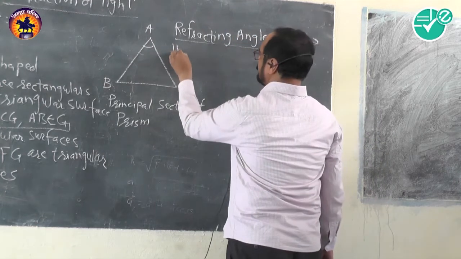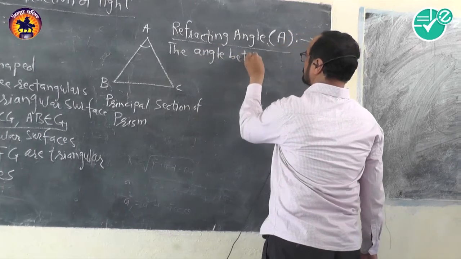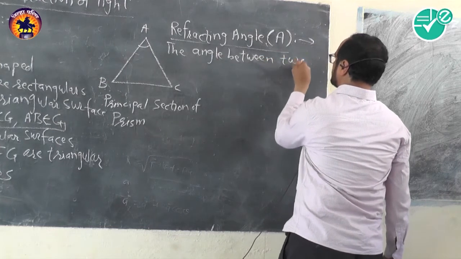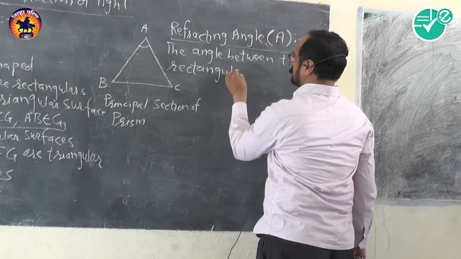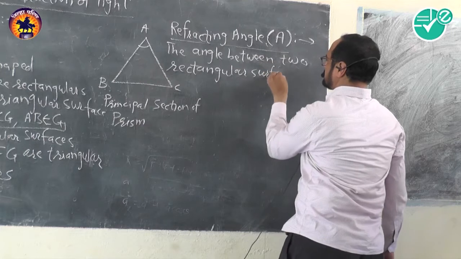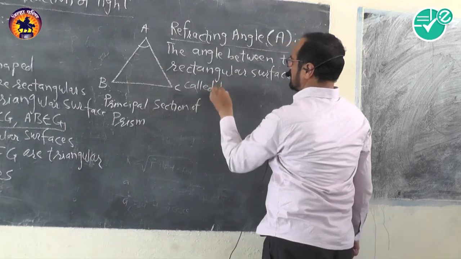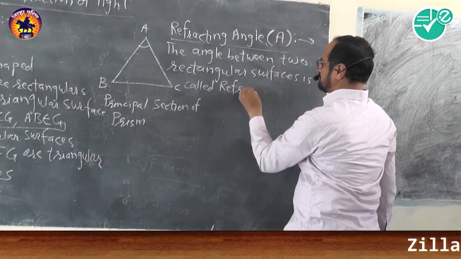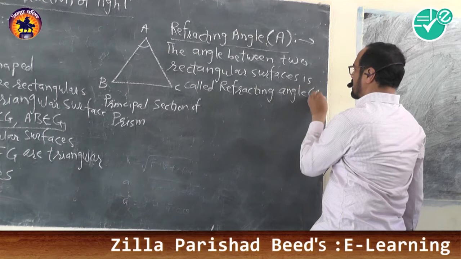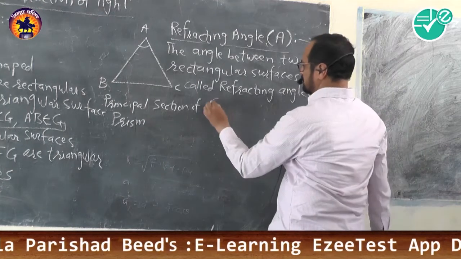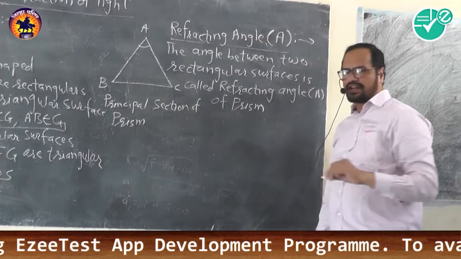So the angle between two rectangular surfaces is called the refracting angle, that is capital A of the prism. This is the refracting angle.